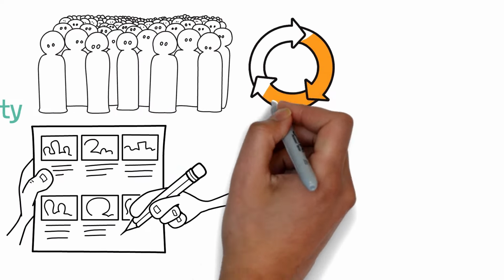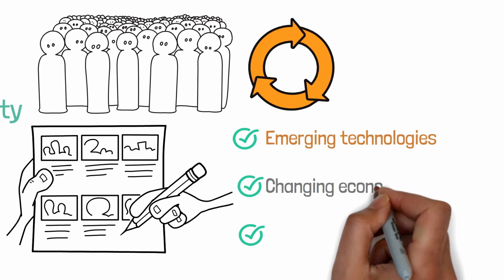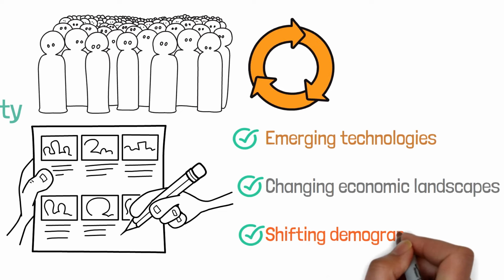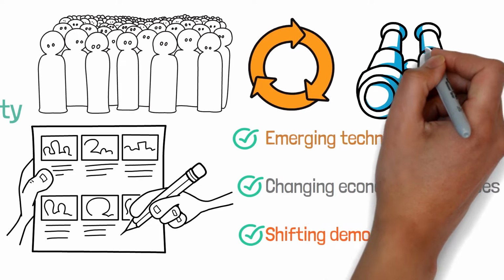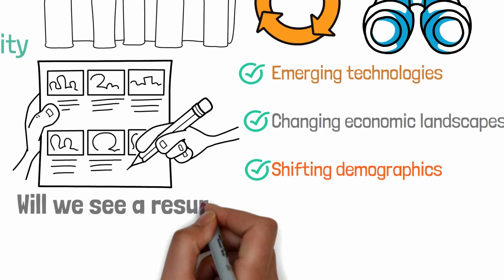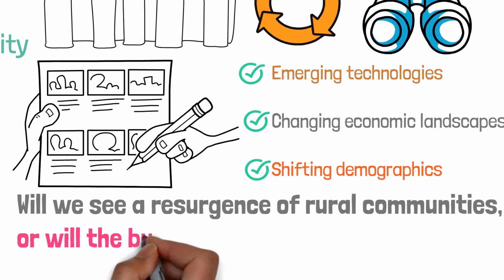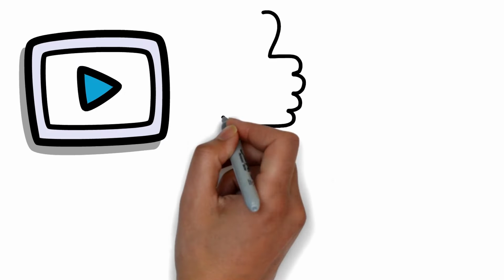Mexico's population distribution continues to evolve, shaped by emerging technologies, changing economic landscapes, and shifting demographics. As we look ahead, we can't help but wonder how these influences will impact the future of this incredible nation. Will we see a resurgence of rural communities, or will the bustling cities continue to grow? Only time will tell.